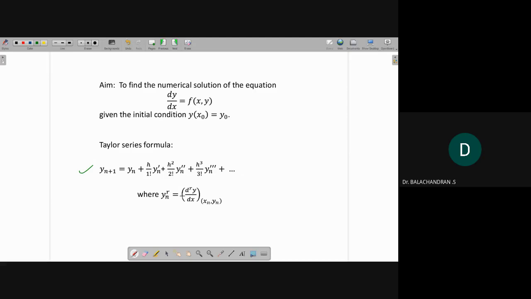Here Yn power r is the rth derivative, d power r y by dx power r, at the point xn comma yn.